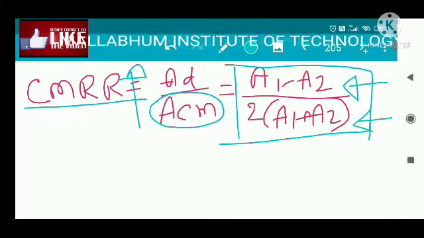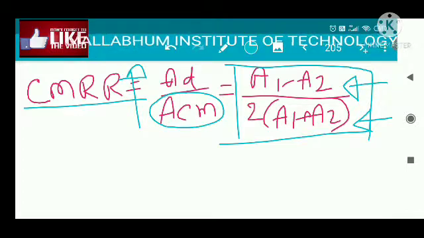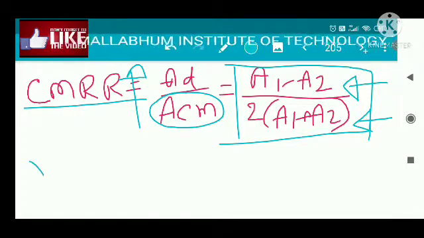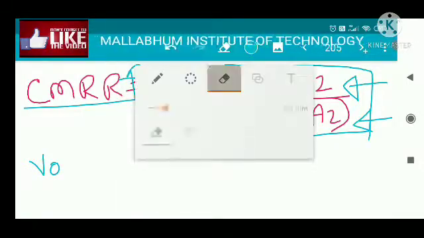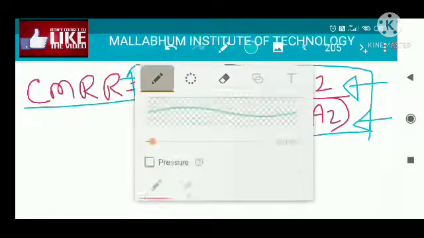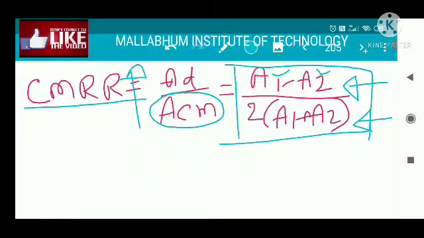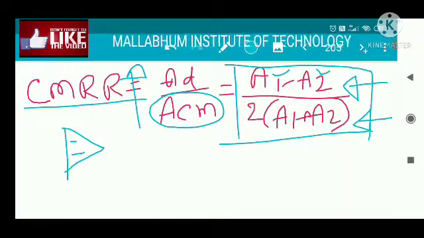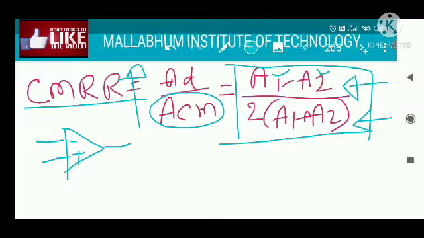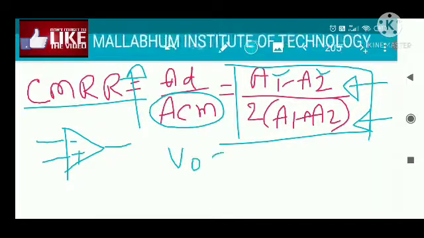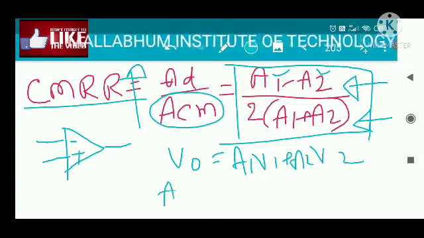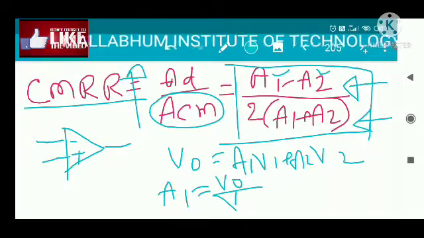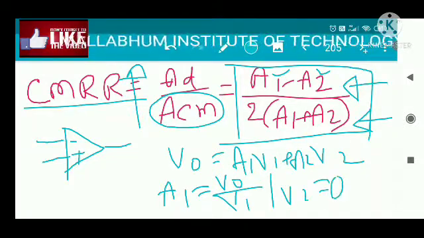One thing you must remember: whenever we write the expression for V0, A1 and A2 are the gains of these two inputs. In the case of the operational amplifier, one input is positive and one input is negative. So V0 equals A1 V1 plus A2 V2, where A1 equals V0 divided by V1 when V2 equals 0, and vice versa.